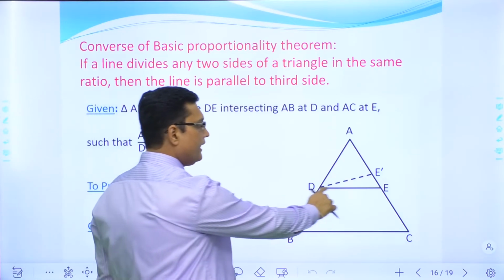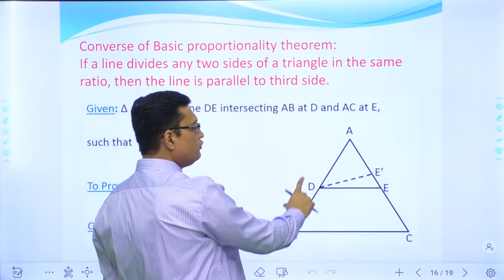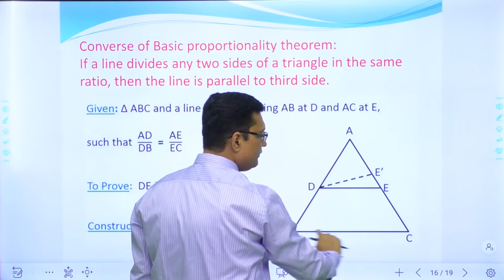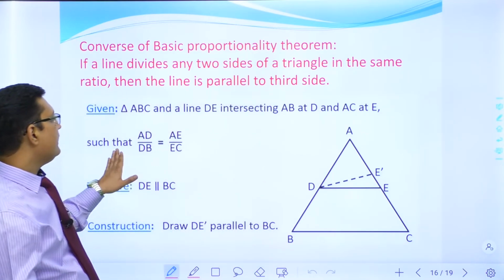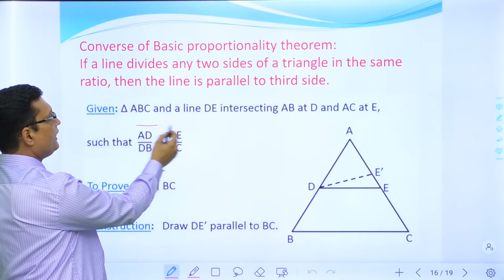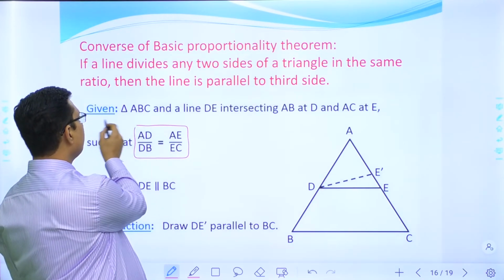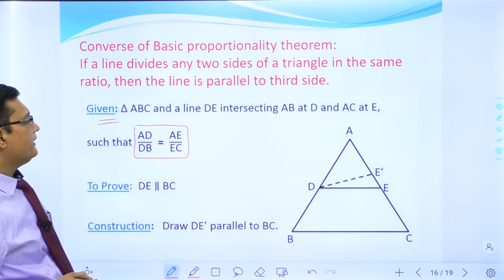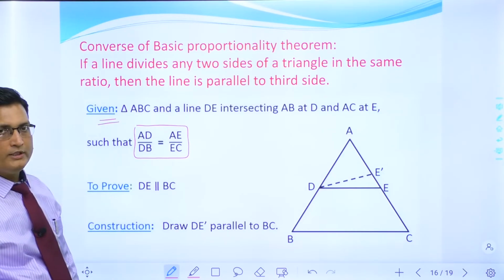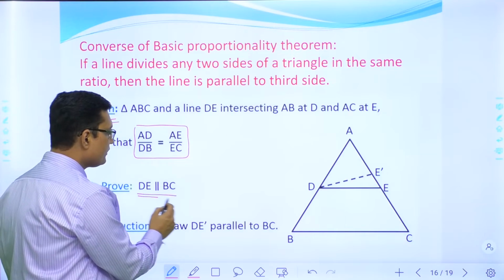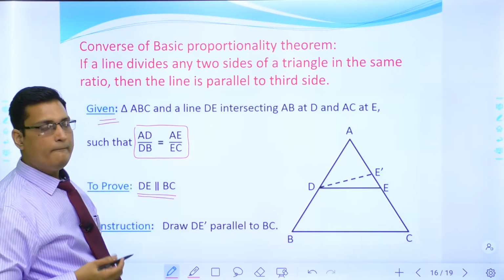They have given you in the question AD upon DB is equal to AE upon EC. This is the given part. And what we want to prove is that DE is parallel to BC.